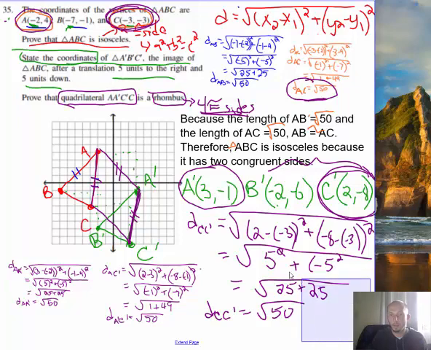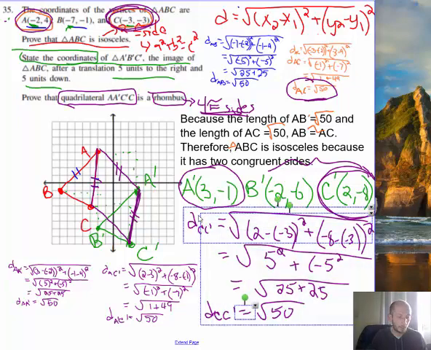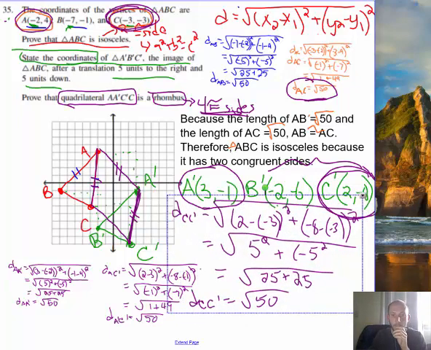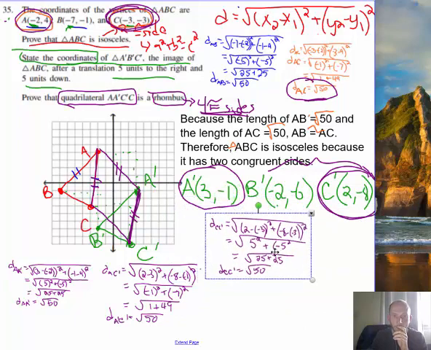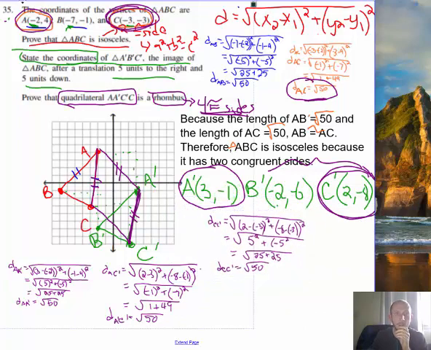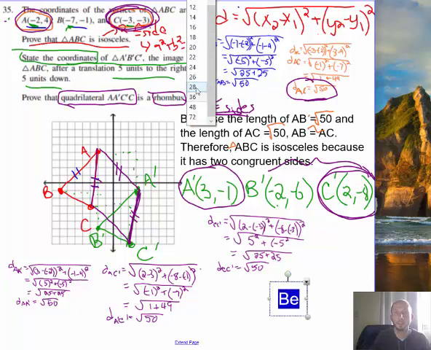Shrink this thing down and write my concluding statement, because now I have all of the evidence to justify that this thing is a rhombus. I'm going to have to write small, make this smaller before I start.